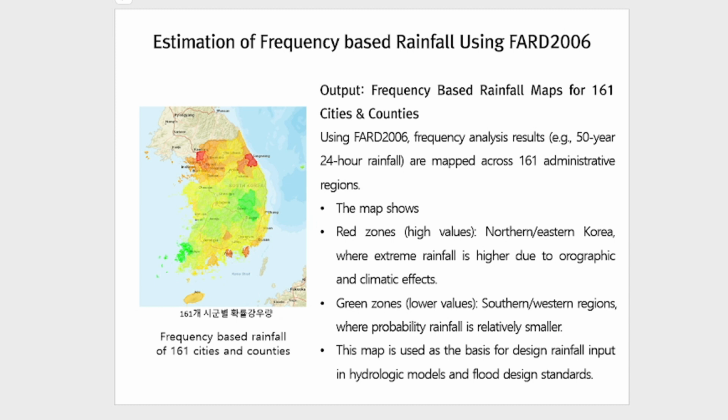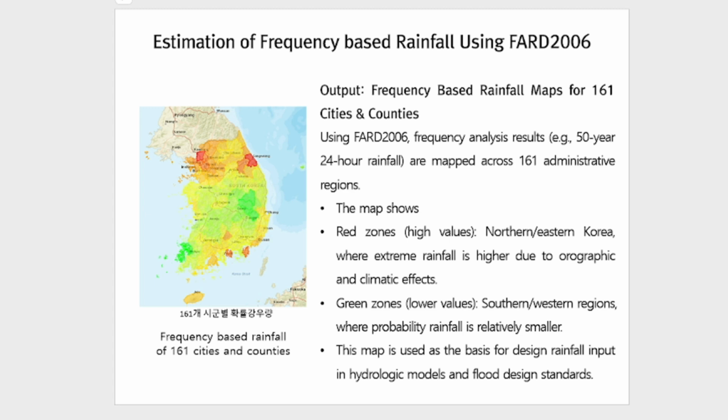So the output is frequency-based rainfall maps for 161 cities and counties. Using FARD 2006, frequency analysis results, for example, 50-year, 24-hour rainfall, are mapped across 161 administrative regions.